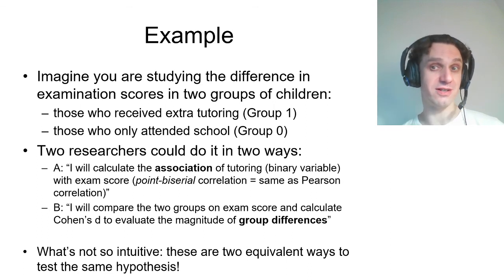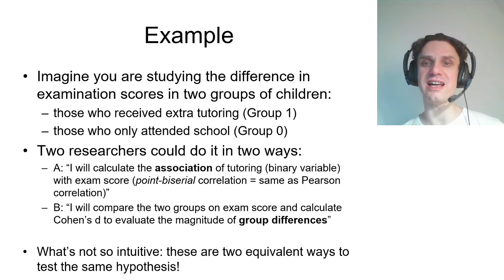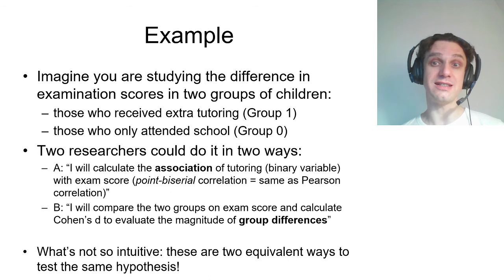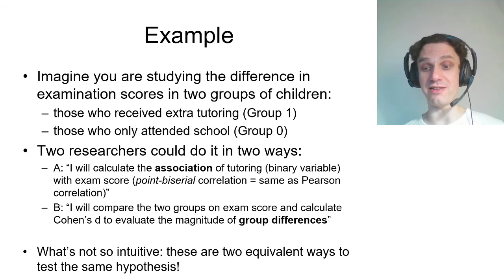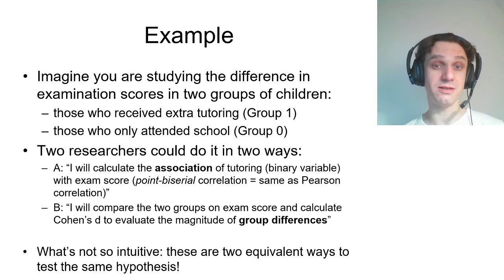One researcher says, I will just calculate the correlation between tutoring and examination score. And even though tutoring is a binary variable, it's completely fine to do it. This correlation will be called point-biserial correlation. It will be mathematically the same as Pearson correlation.